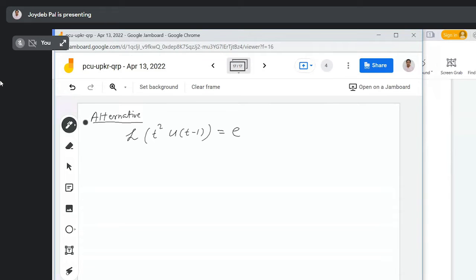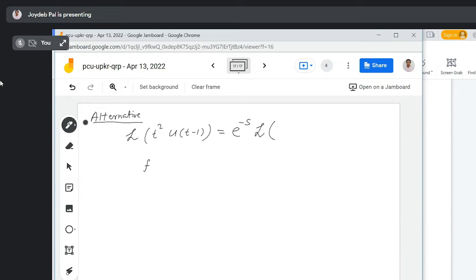Now what is small a? From u(t minus a) you will get a is 1. So e to the power minus s. And the Laplace transform of f(t plus a), that means f(t plus 1).